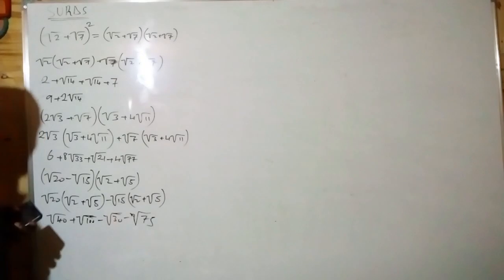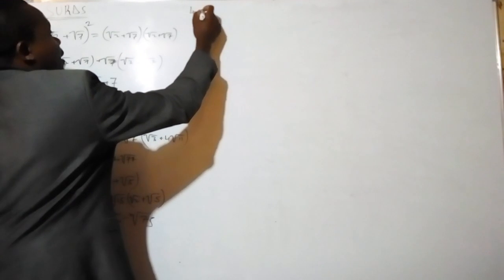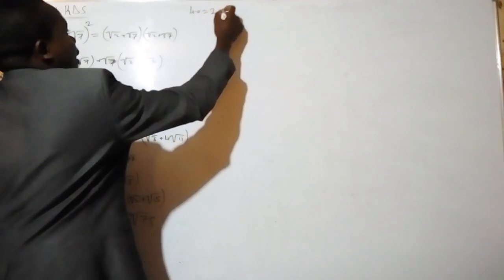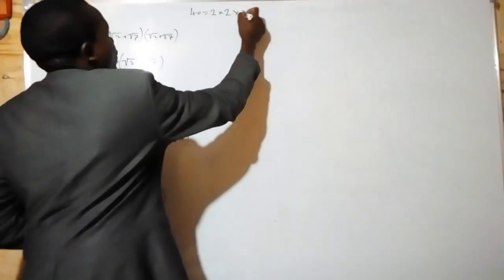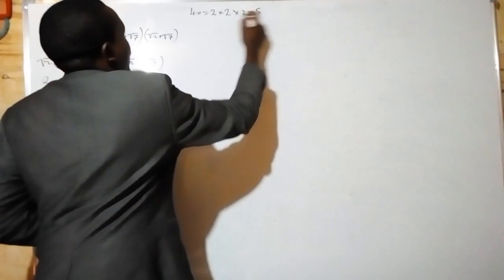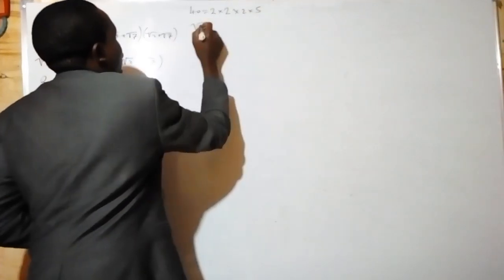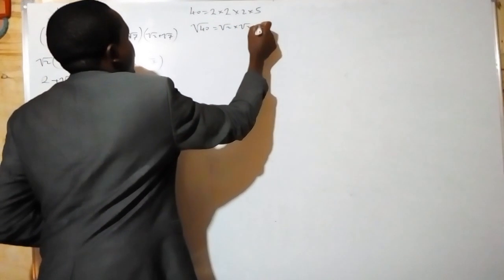40 is equal to 2 times 2 times 2 times 5, 4 times 10. So root 40 is the same as root 2 times root 2 times root 2 times root 5.